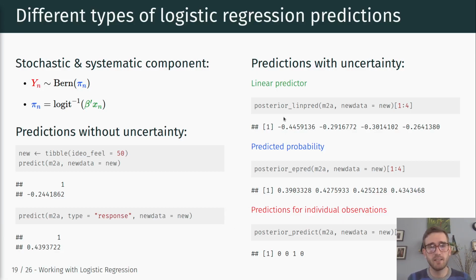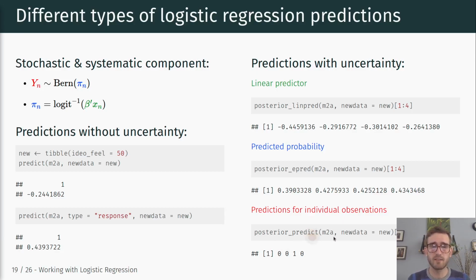So what you'll see if you use posterior_linpred and posterior_epred is that every time you run this command again and again, with the same draws from the posterior distribution, you'll get the same values for the linear predictor as well as the predicted probability, which makes sense since the draws from the posterior distribution are held constant. This is not so for the predictions for individual observations using posterior_predict.